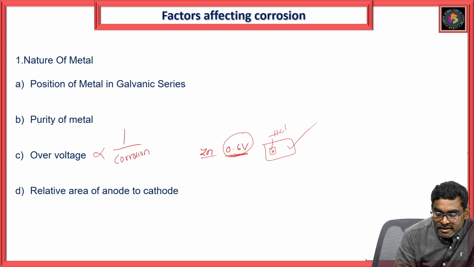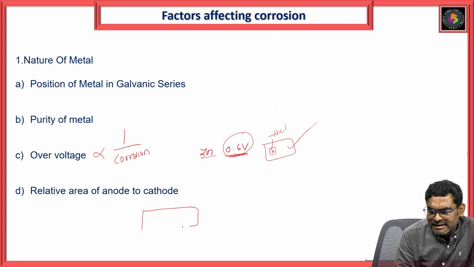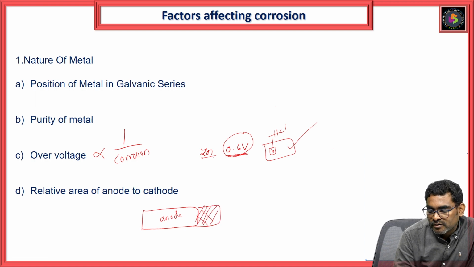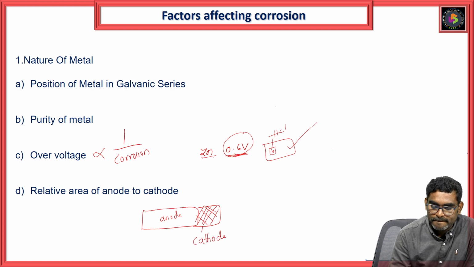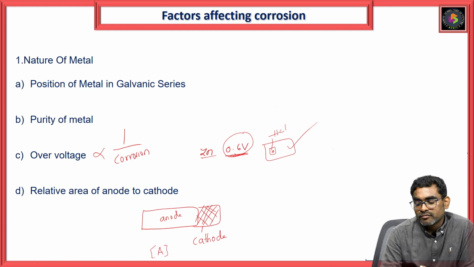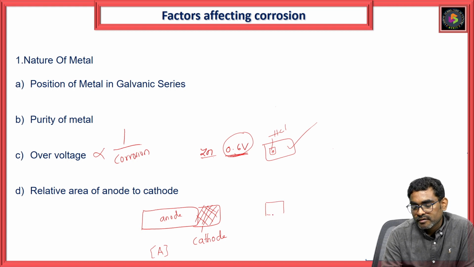Means, see, here it is a metallic surface, or metallic combinations we can say. This is a metal which acts as anode, and here is a metal which is acting as a cathode. This is considered structure A. Then we have another one, structure B. This is anode and this is cathode.